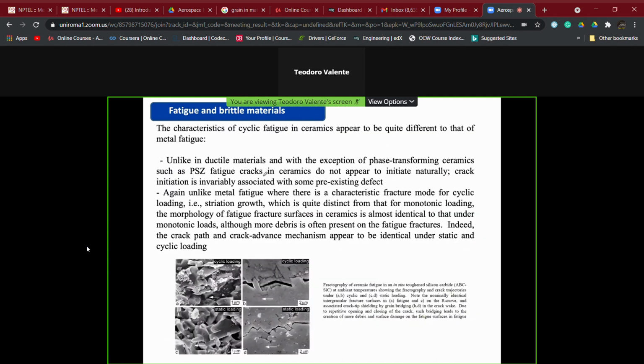Here you have a representation of how the fracture phases are more or less the same under monotonic loading and under fatigue loading for brittle materials.